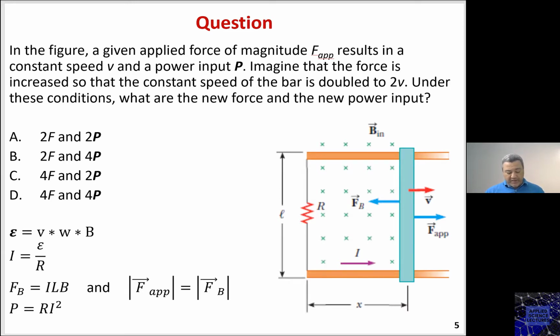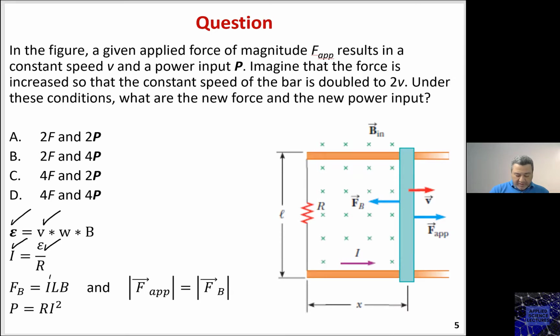So, in this case, let's look at the equation for the electromotive force that we have derived earlier. Epsilon equals VW times B. So if the velocity was doubled, then the electromotive force would also be doubled. If the electromotive force is doubled, then the current is doubled.